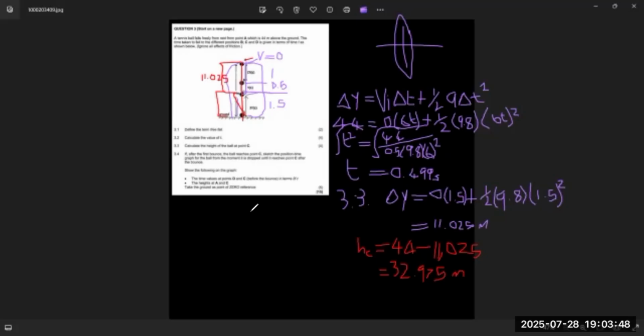My teacher taught me that whenever they say draw a graph of velocity versus time, your heading is velocity versus time. It's easy with physics. So here, they said sketch the position, so you write position versus change in time.